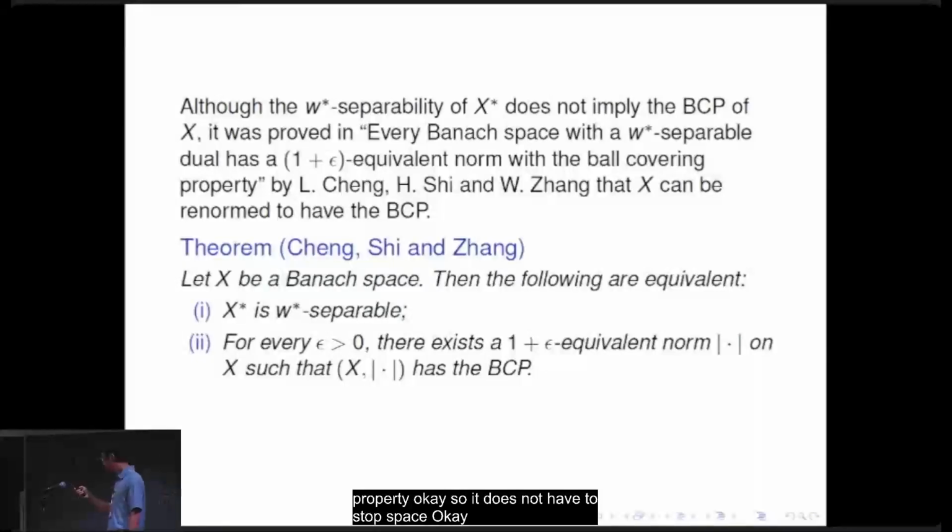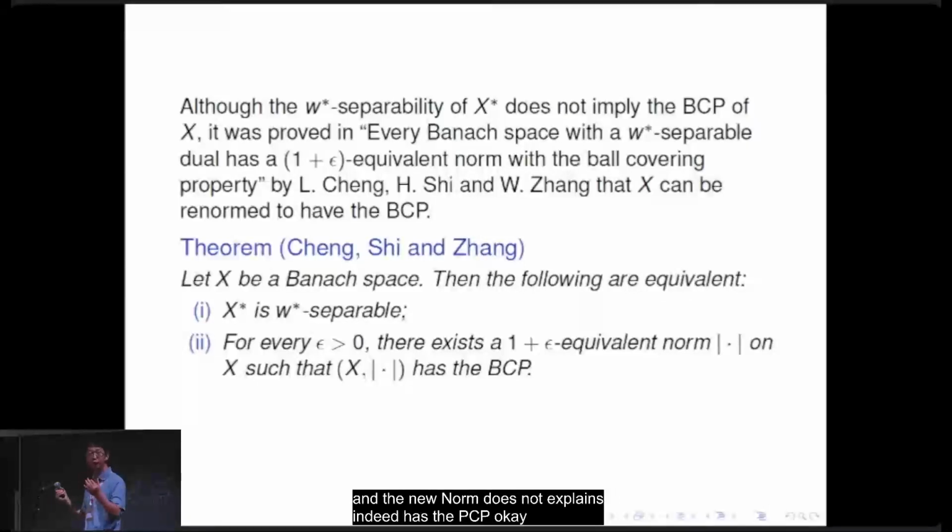Okay, so although the weak star separability of X star does not tell you the BCP of X, they're very closely related. Here is the result. If X star is weak star separable, then you can have a renorming, pretty close to the original norm, so that under the new norm the Banach space indeed has the BCP, okay?